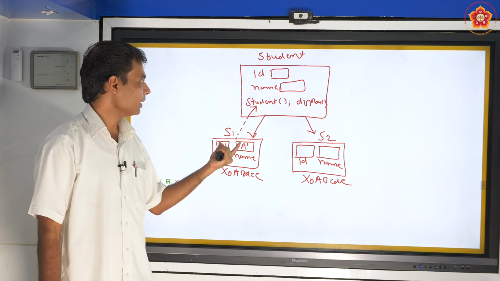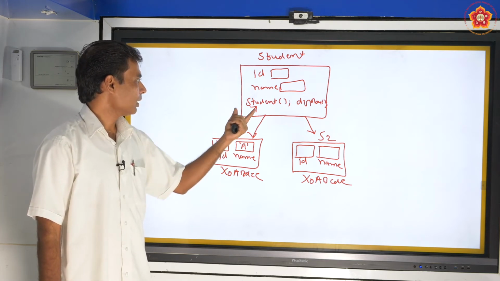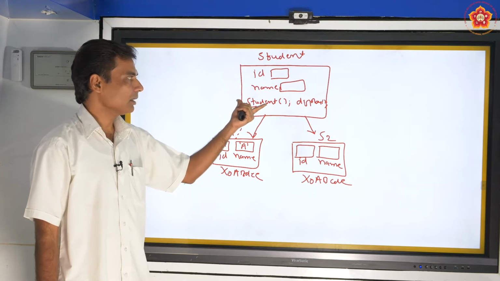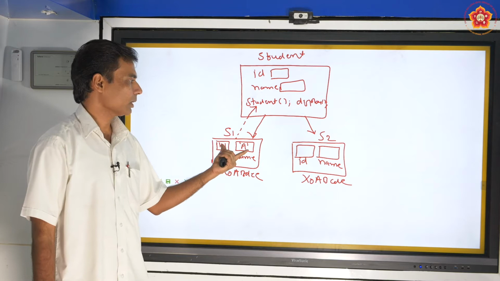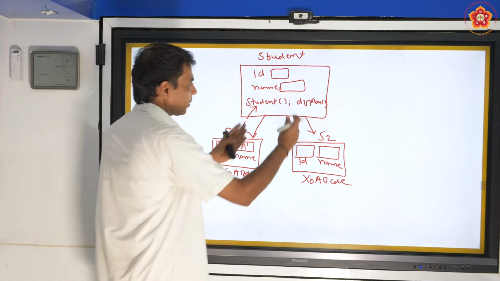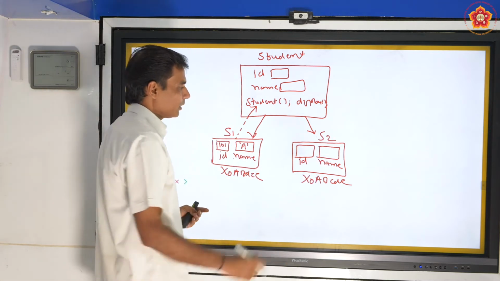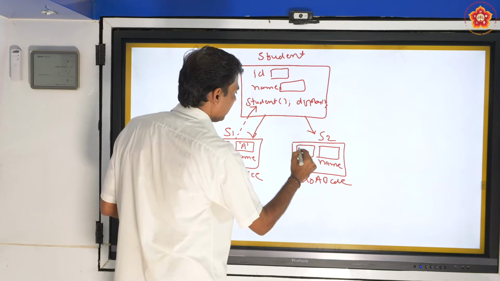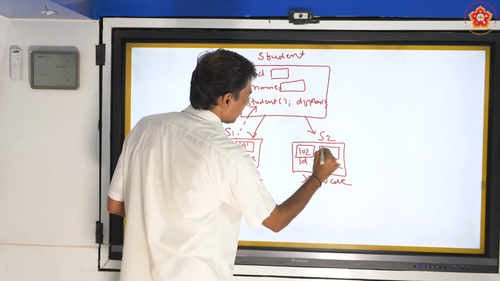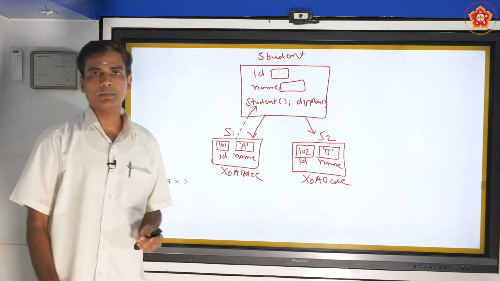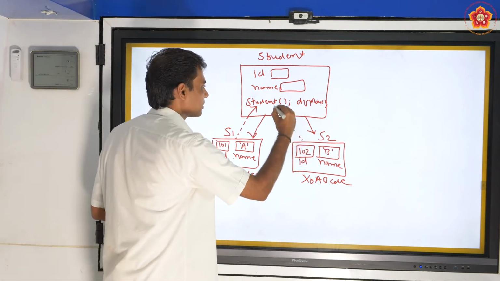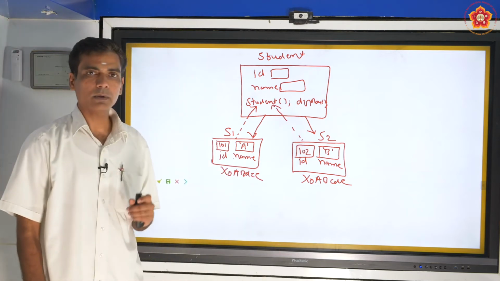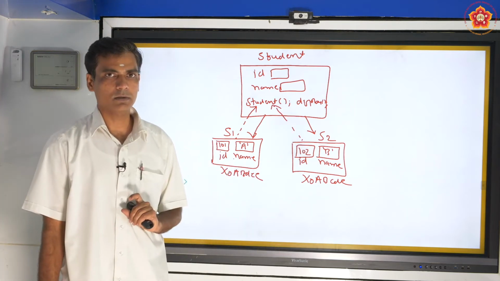So what happens then? Whatever values you are passing to the student will be allocated to the ID and name of S1. In the same case, when you call the constructor with S2, it allocates the ID and name values passed by S2 to the student. So both objects are invoking the same set of instructions.